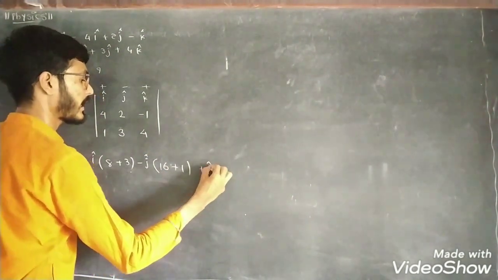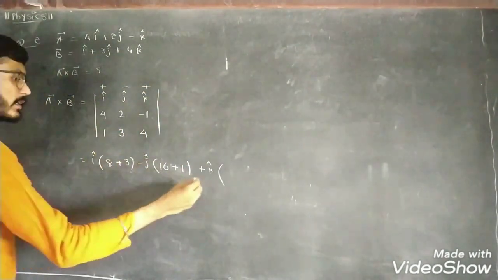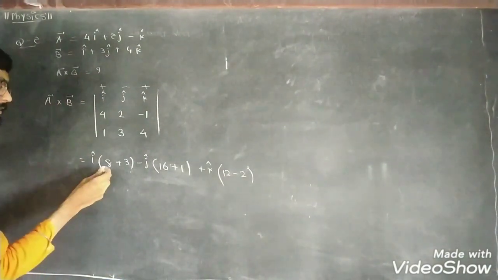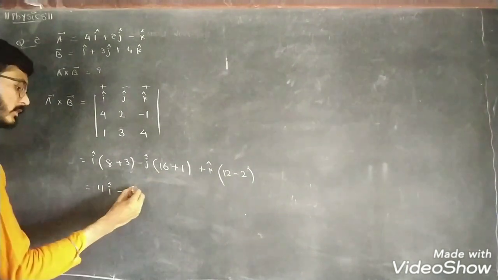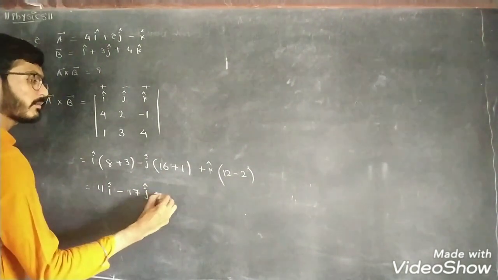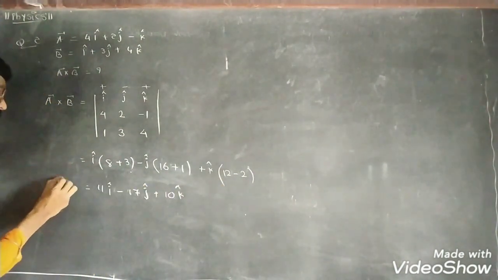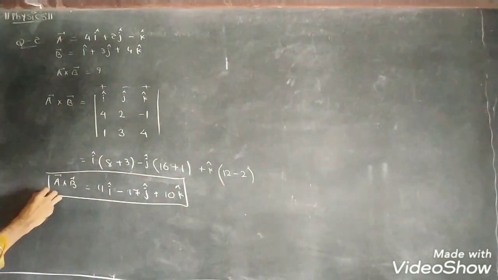Plus k caret, cross multiplication: 4 3s are 12, minus 2 1s are 2. So our answer is 8 plus 3 means 11i, minus 16 plus 1 means 17j, plus 12 minus 2 means 10k. So the vector product of A and B is this.